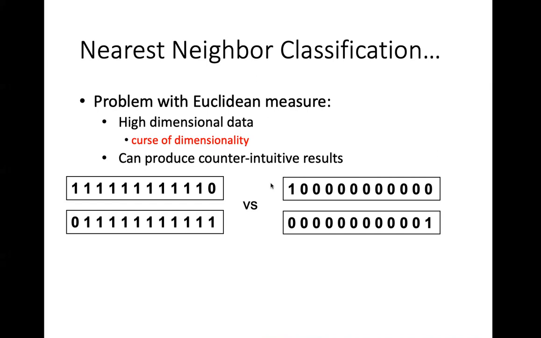All right. Now, when we take the distances and the sums for these two sets of vectors, what is going to happen is that this set of distances is just going to be 2, whereas this set of distances is going to be a much larger number.